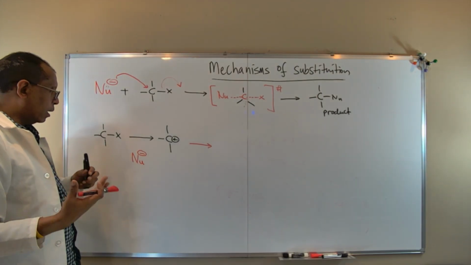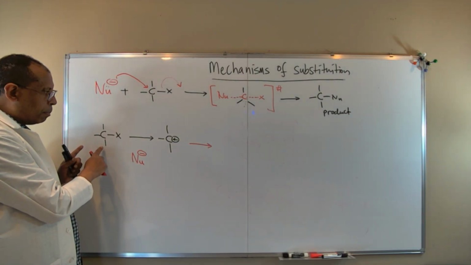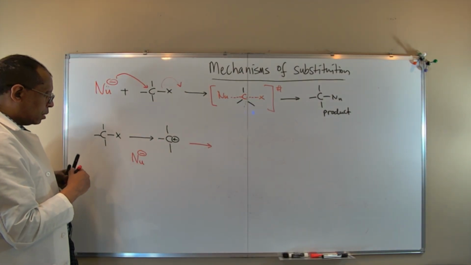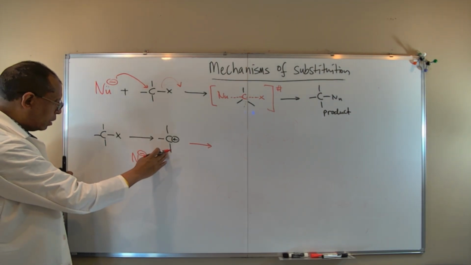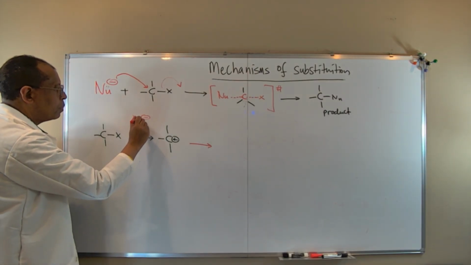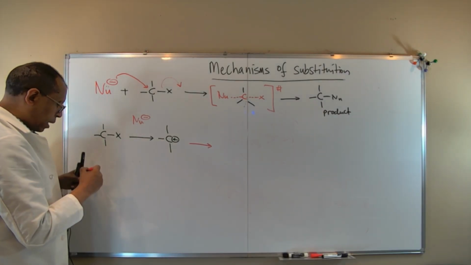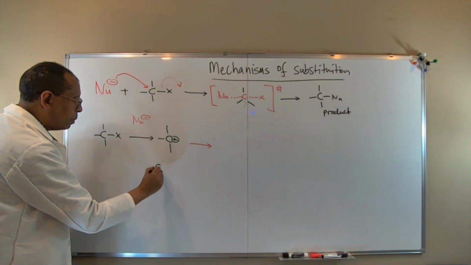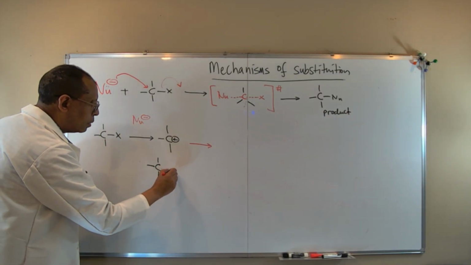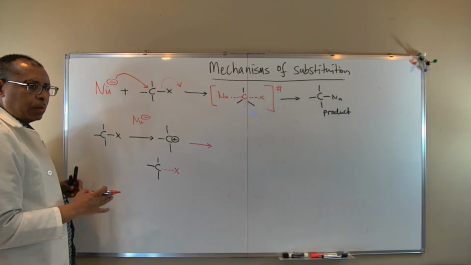Based on the type of alkyl halide you have, the first thing that happens is the formation of a carbocation. Before the nucleophile comes and attacks, the carbon-X bond becomes loose, meaning it undergoes heterolysis, and the carbocation is formed.